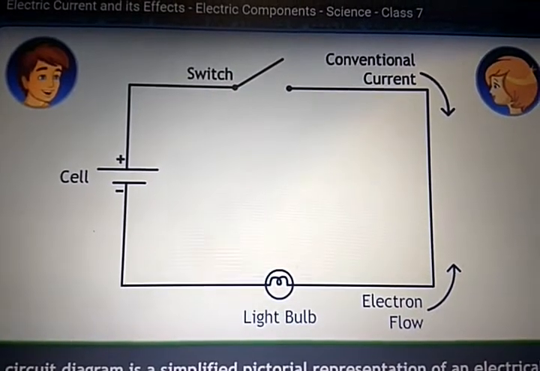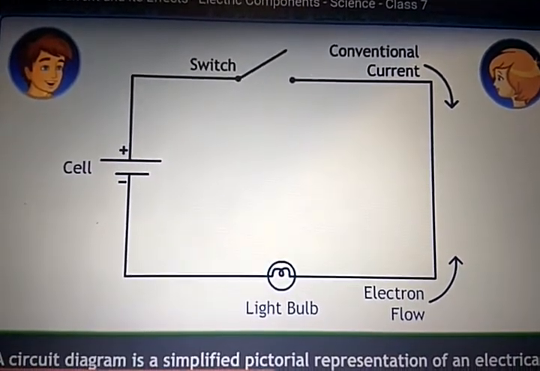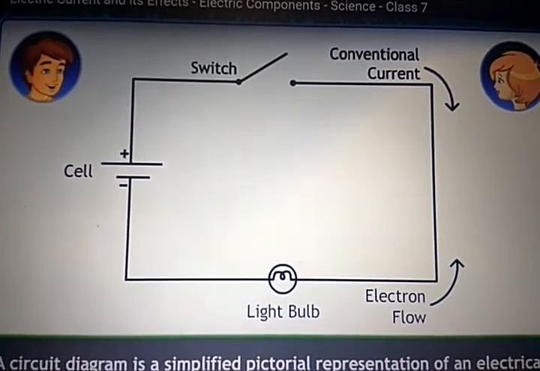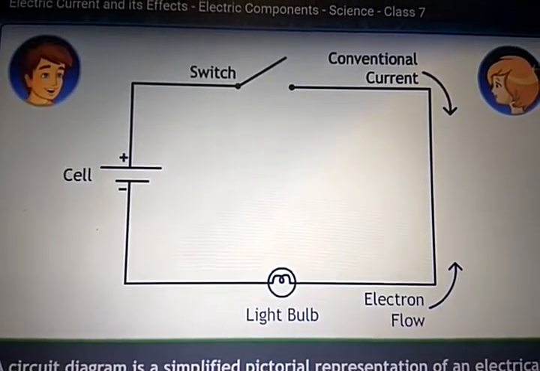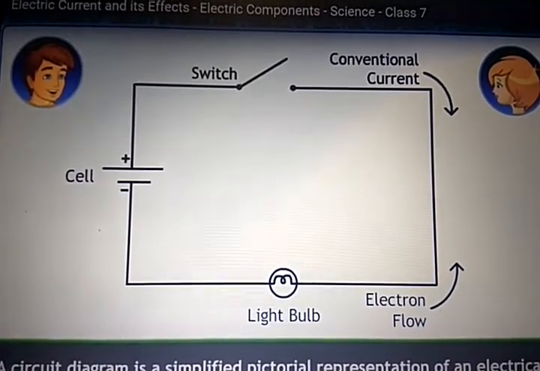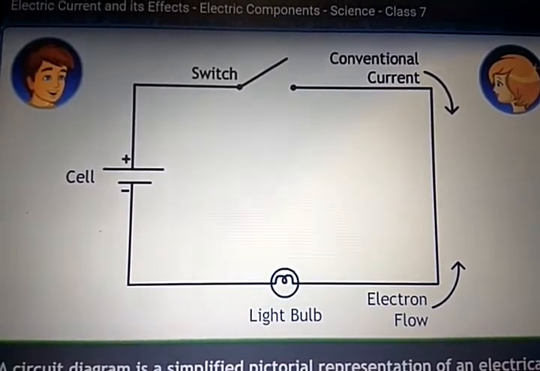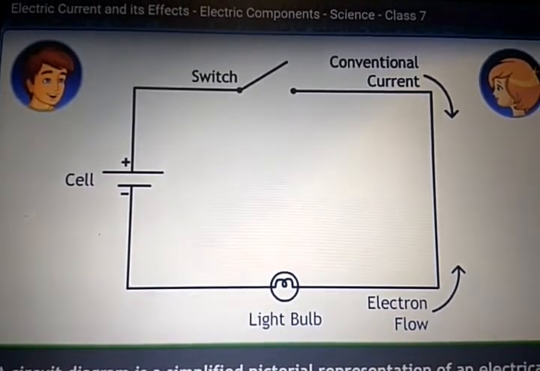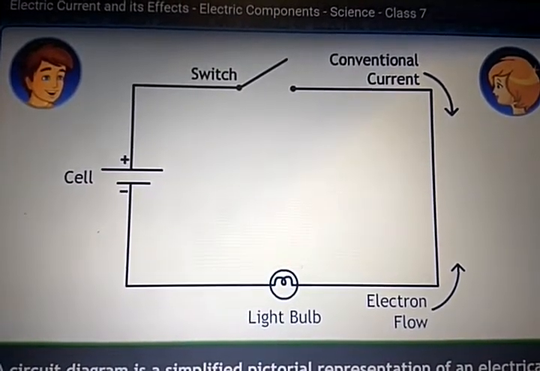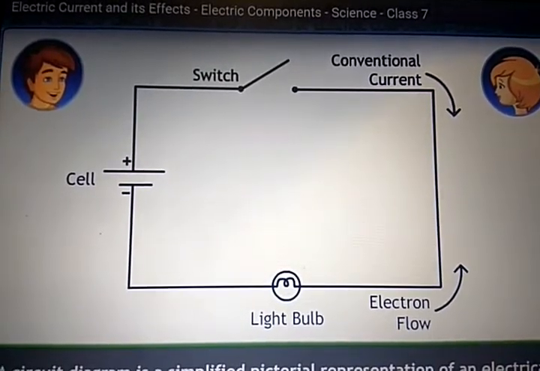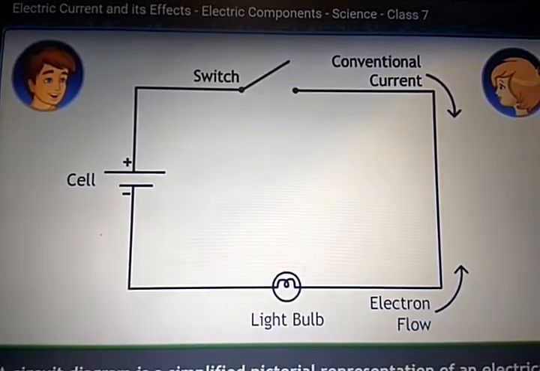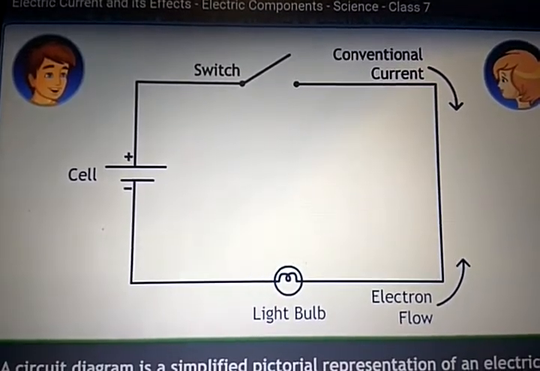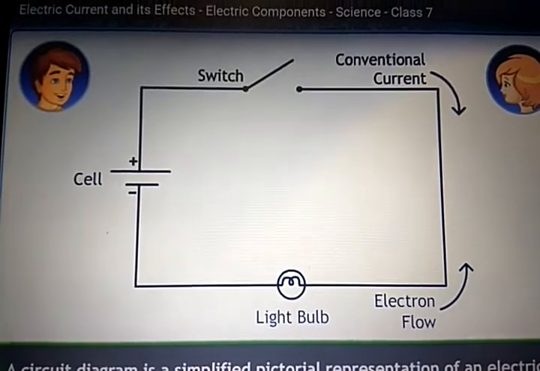Students, you can look at the simple electric circuit diagram that you have studied in grade 6. Here the cell is there, with plus and minus, meaning positive terminal and negative terminal. Then the switch is there. The current moves from positive to negative, right, the conventional current. Electrons always move from negative to positive, correct?